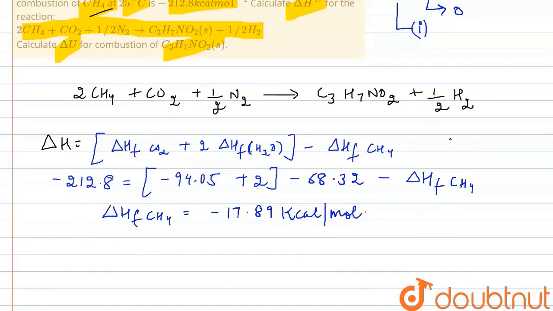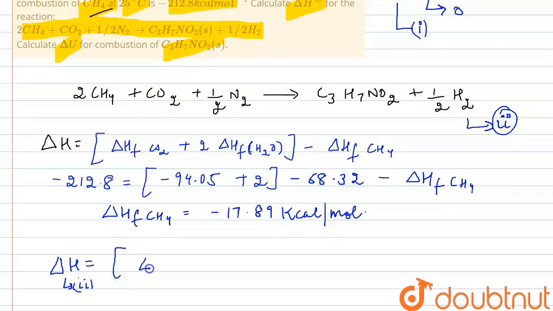So now this is your reaction number 2. For this, we have to calculate the delta H of this reaction. So the delta H of reaction number 2 that we need to calculate will be equal to what?